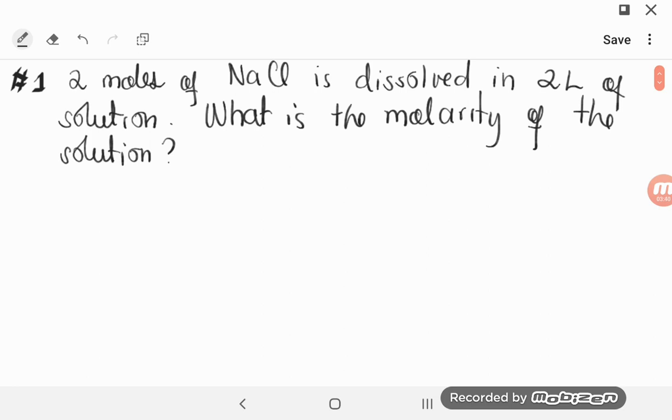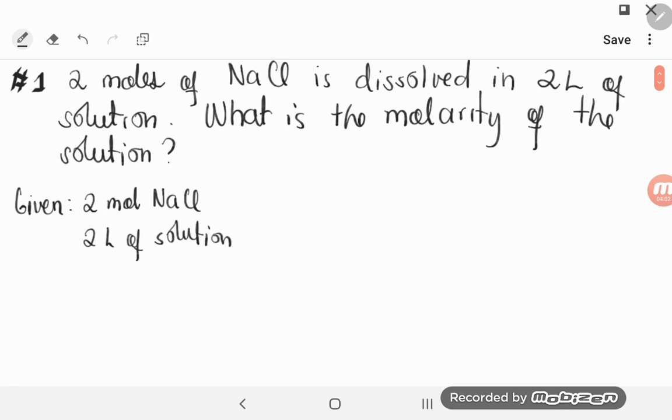So in this type of problem, you need first to identify the given as always. So let's identify the given. Okay, so the given are as follows. We have 2 moles of NaCl, and we also have 2 liters of solution. So obviously 2 moles of NaCl is the moles of solute, while the 2 liters is obviously the liters of solution.